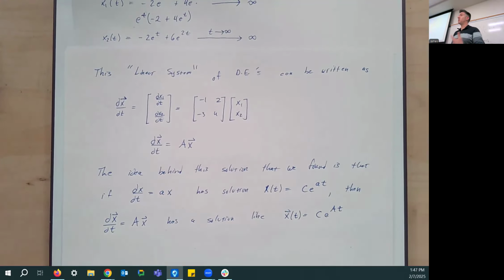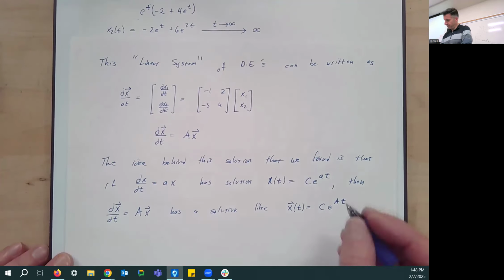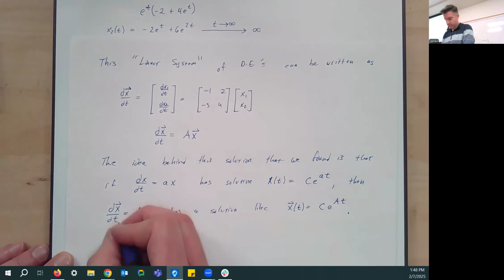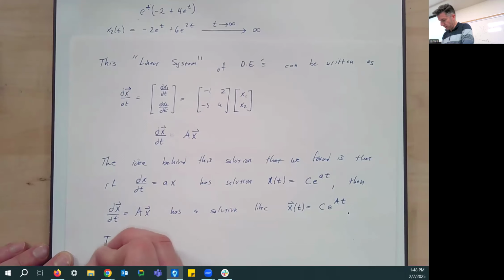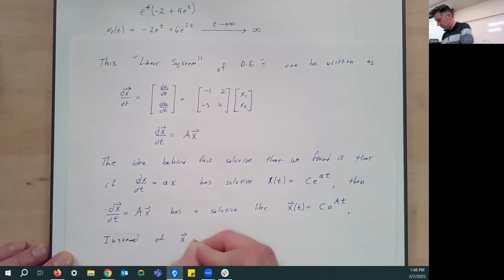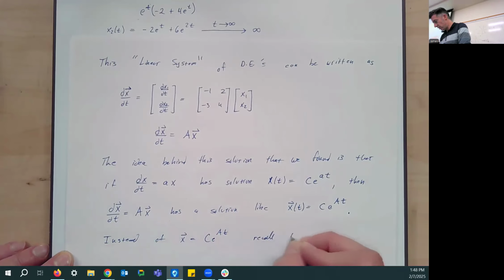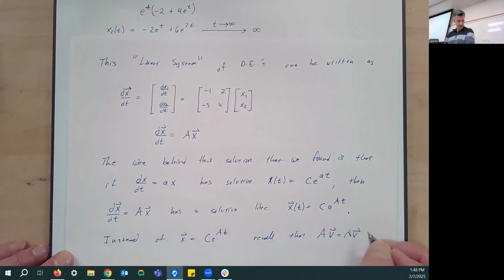So instead of using the matrix A, we use the eigenvalues and the eigenvectors of A to stand in. Instead of x equal to c e to the a t, recall that the matrix A times the vector v is equal to lambda times the vector v.